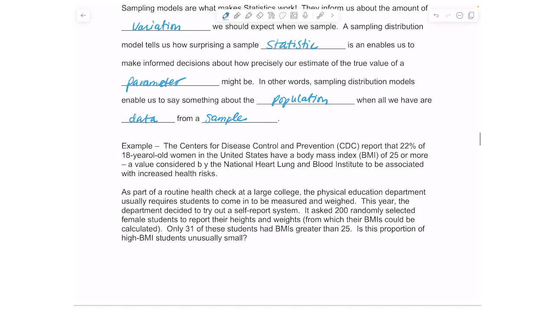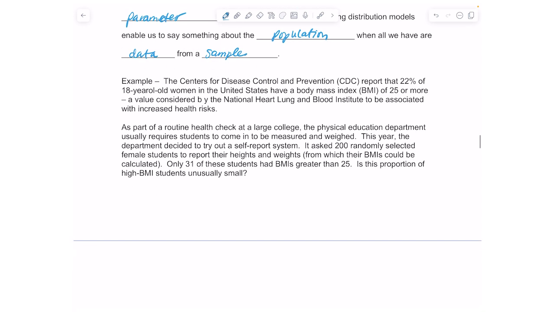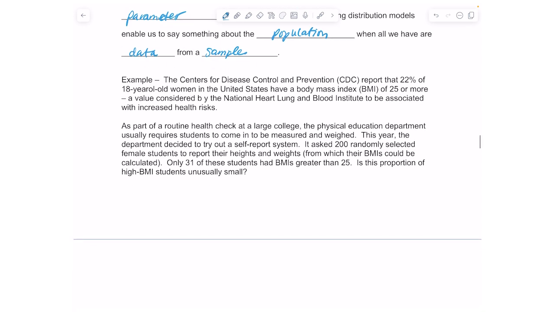As part of a routine health check at a large college, the physical education department usually requires students to come in to be measured and weighed. This year, the department decided to try out a self-report system. It asked 200 randomly selected female students to report their heights and weights, from which their BMIs could be calculated. Only 31 of these students had BMIs greater than 25.